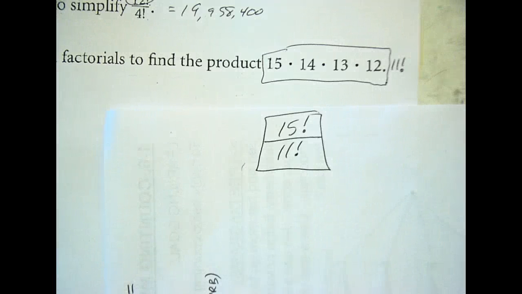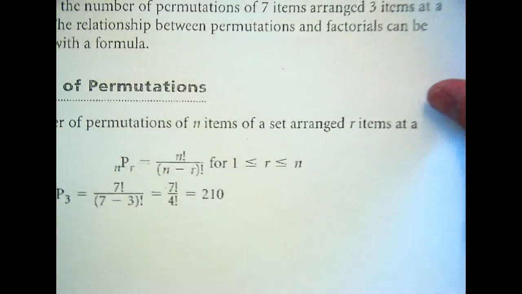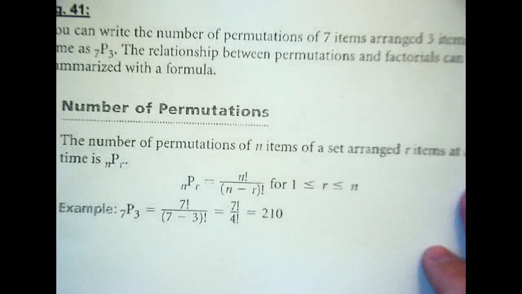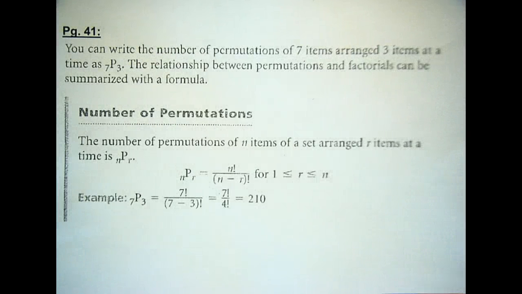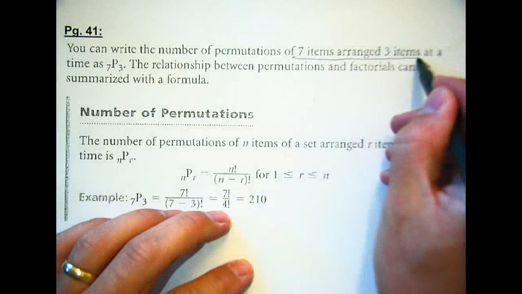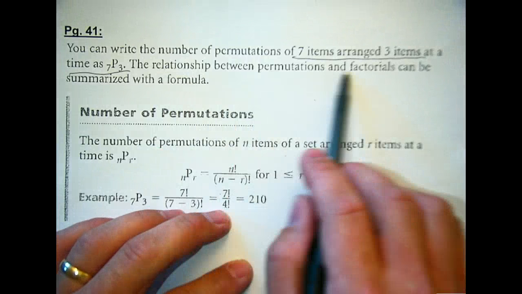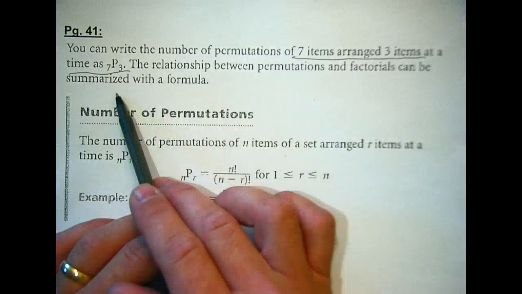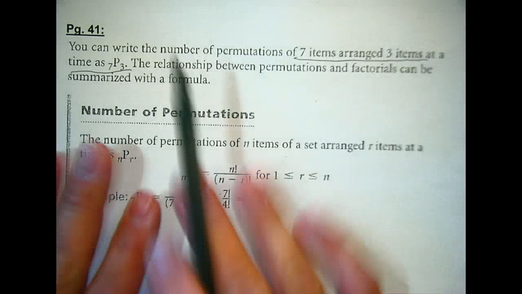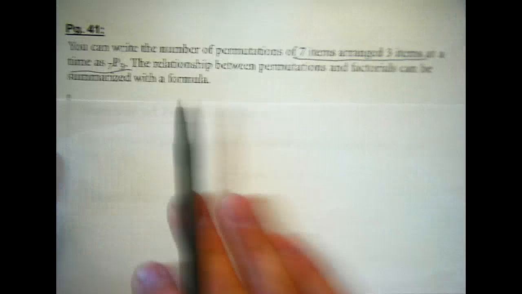Okay, well, let's talk about this then. I want you to look at permutations. You can write the number of permutations of 7 items arranged 3 items at a time as 7P3. This relationship between permutations and factorials can be summarized with this formula. Now, before we get to this mess down here, let's understand what a permutation is asking.